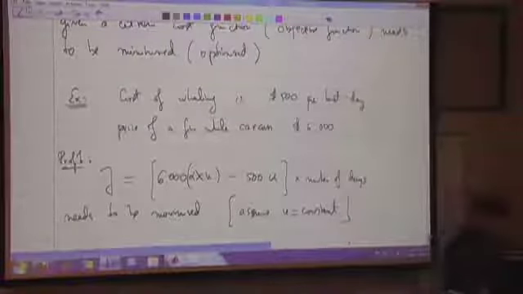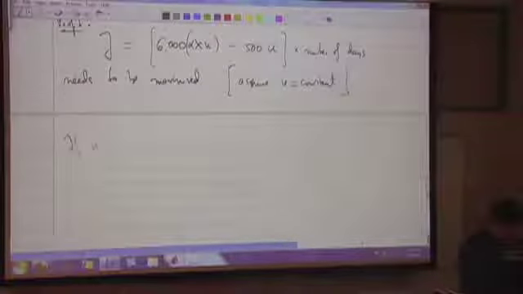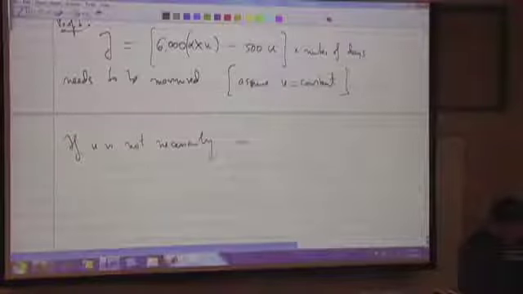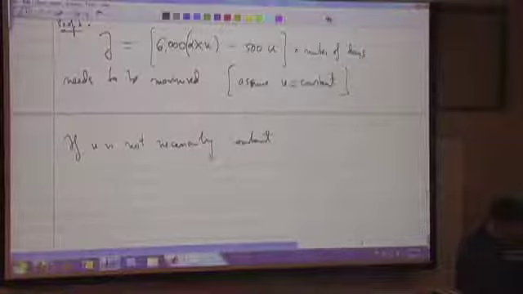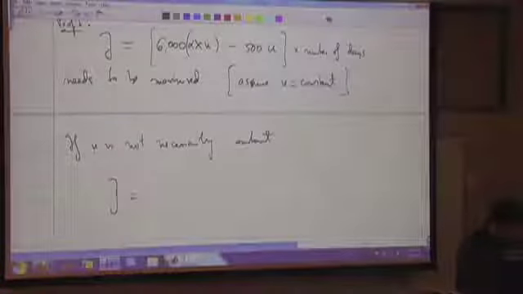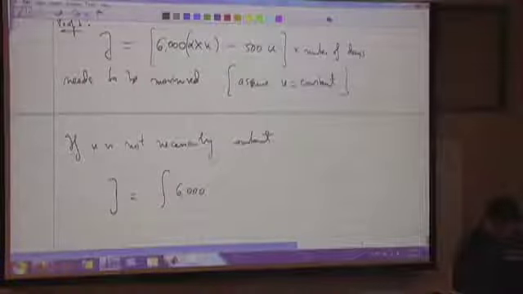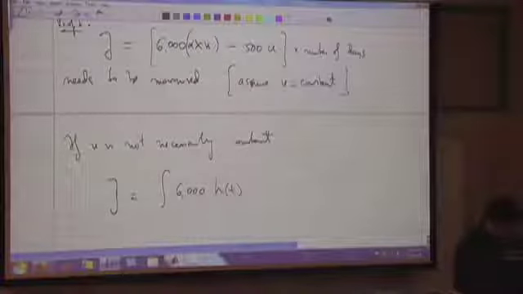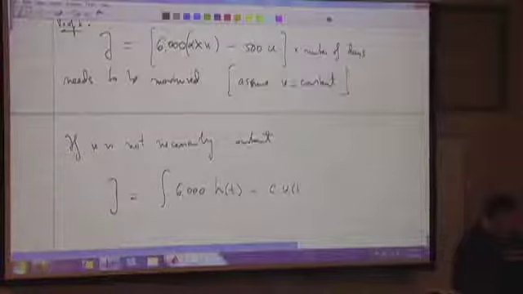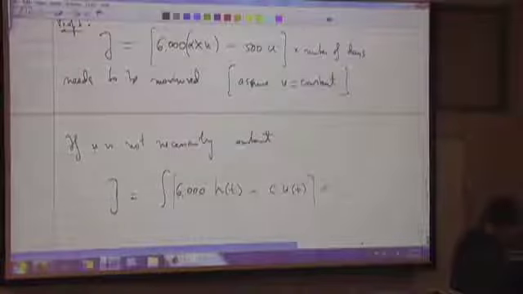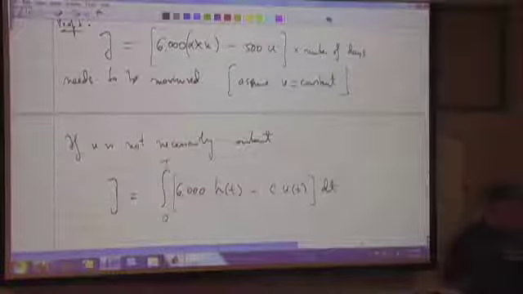So this is U constant, but if U is not necessarily constant, then what you have to maximize, in this case the profit, would be an integral of 6,000 times the harvest rate, I think we use h to indicate harvest rate, minus the cost times the level of harvesting, dt, over some period of, say, number of days.